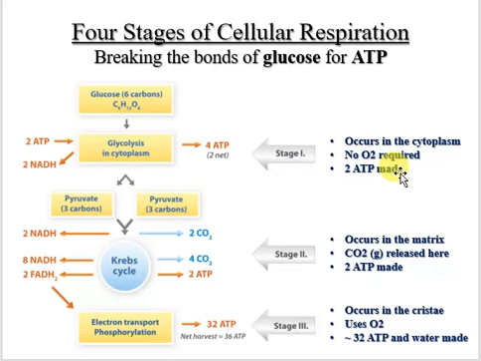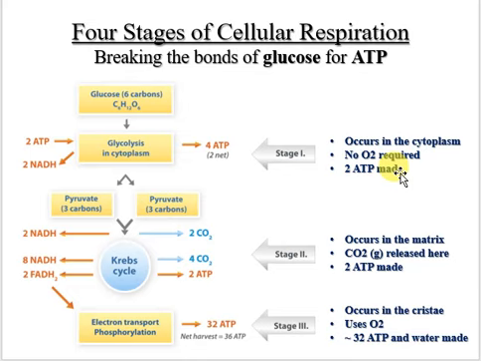Now, again, we're going to delve into each one of these stages individually. And as we do that, I want you to keep asking yourself 3 questions and to organize your notes in such a way. 1, what goes in? 2, what comes out? And 3, where does each step occur?